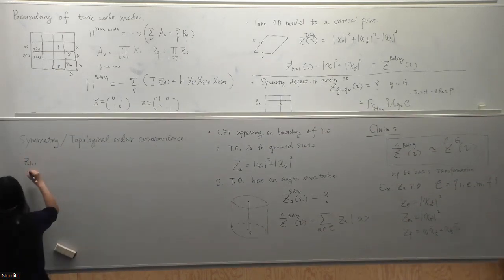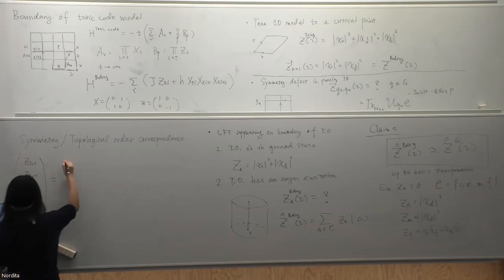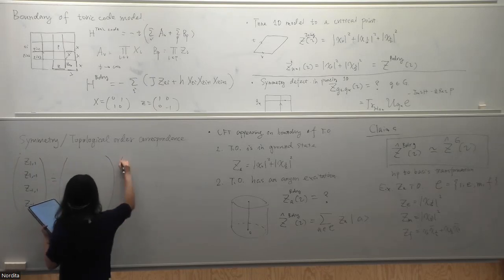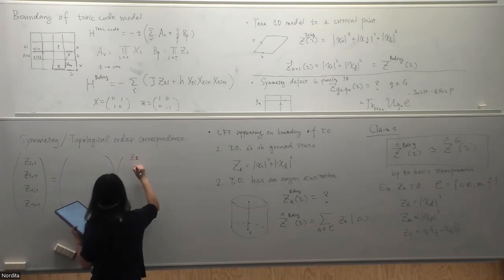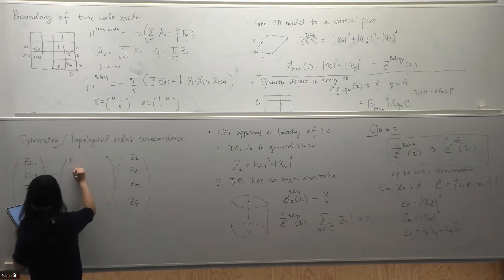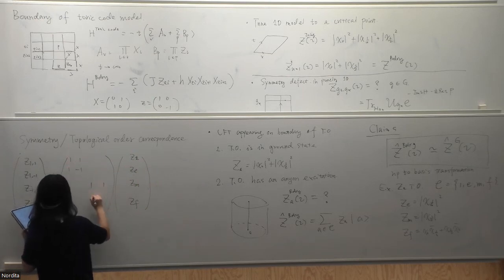So Z11 is the Ising model with the twist in both directions, and it will equal this boundary partition function by this transformation. And Z00 likewise.